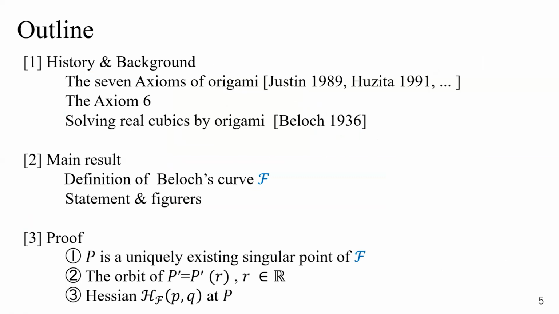Here is the outline of my presentation. My presentation is divided into 3 parts. First, I will talk about the history and background. I will explain the axioms of origami with emphasis on axiom 6, which will play an important role in constructing the roots of real cubics.